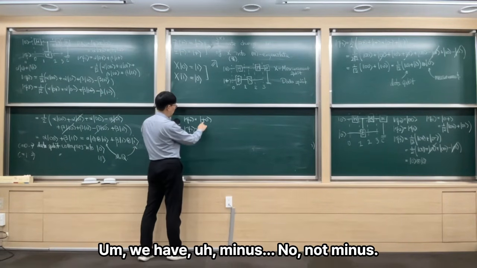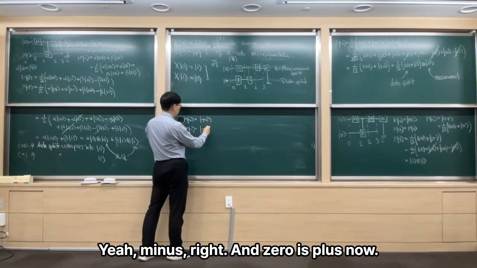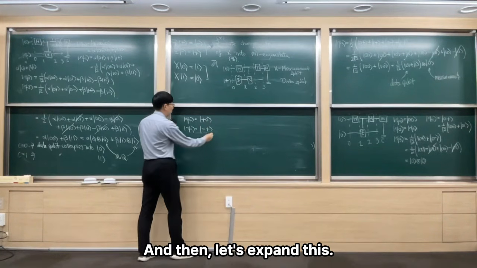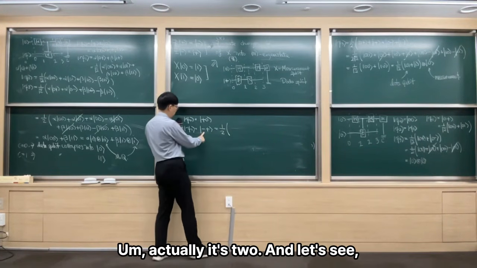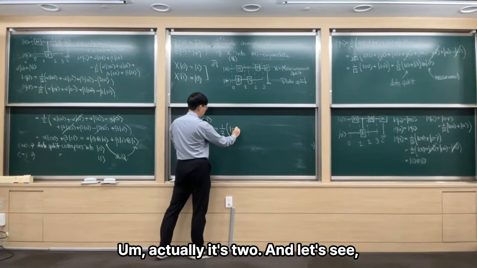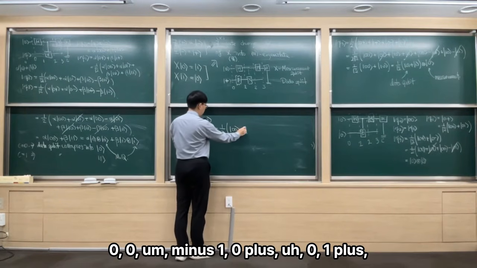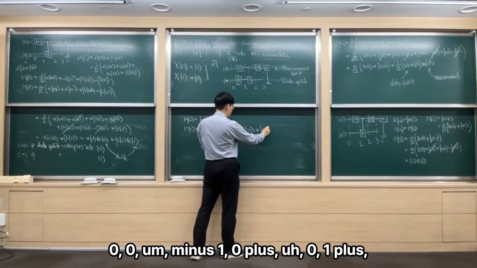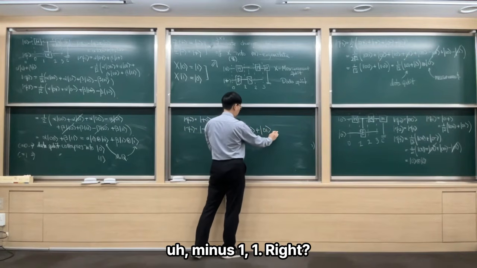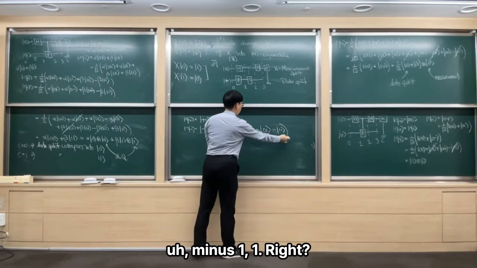We have minus, no, not minus, yeah, minus, right? And 0 is plus now. And then let's expand this. Actually it's 1 over 2, and let's see, 0, 0, minus 1, 0, plus 0, 1, plus minus 1, 1, right?